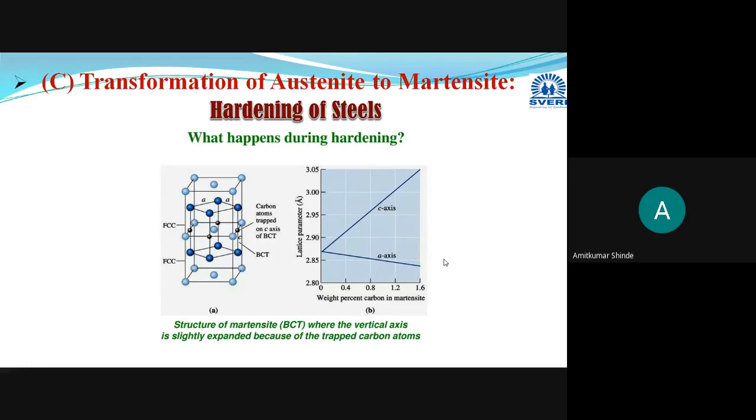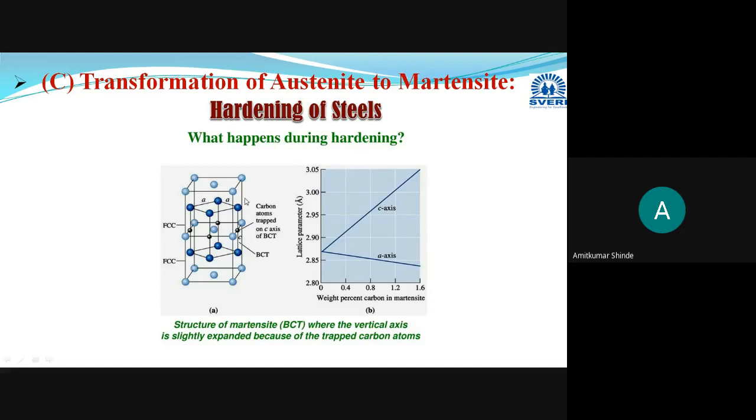This martensite is nothing but a solid solution of carbon in the BCC alpha iron. That alpha iron has a BCC crystal structure.